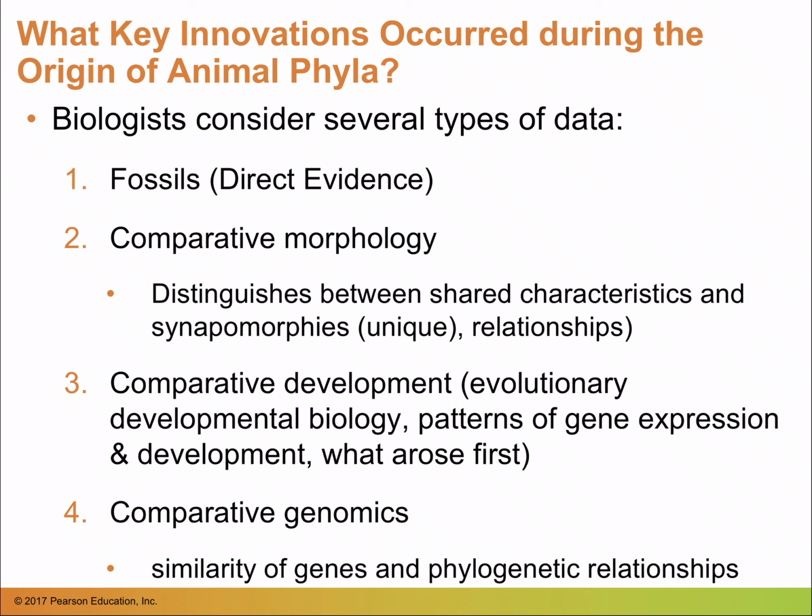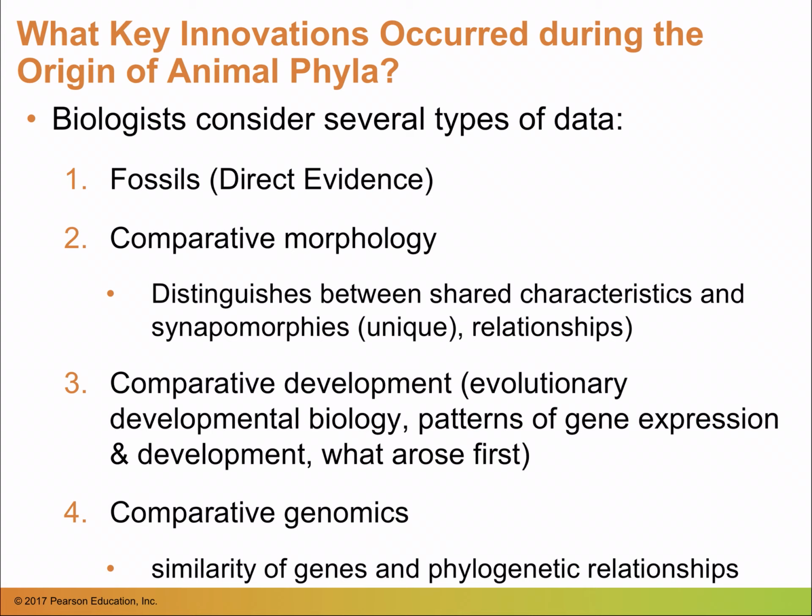So we can look and see what characteristics are common among groups of animals, what are unique, like those synapomorphies. We can look at the body plan of an animal lineage, and we can look at these data and determine where these characteristics arose and where they are shared.